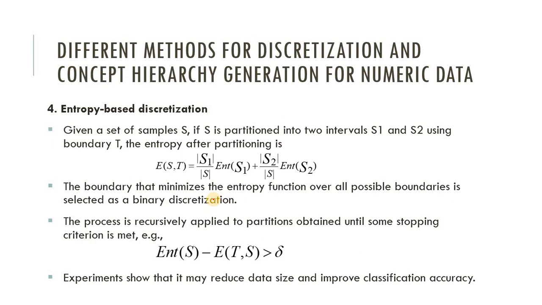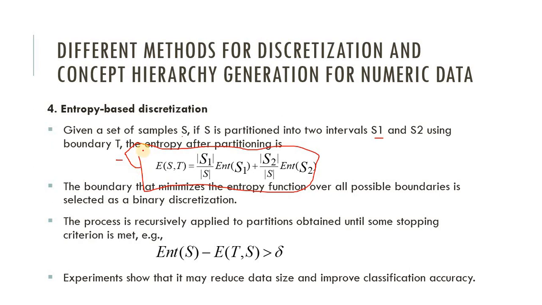For counting the entropy value, S is the sample. If S is partitioned into two intervals S1 and S2 using the boundary T, the entropy equation is like this. This is not important for our syllabus.